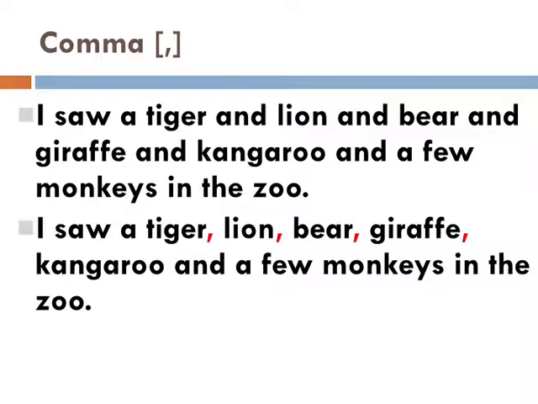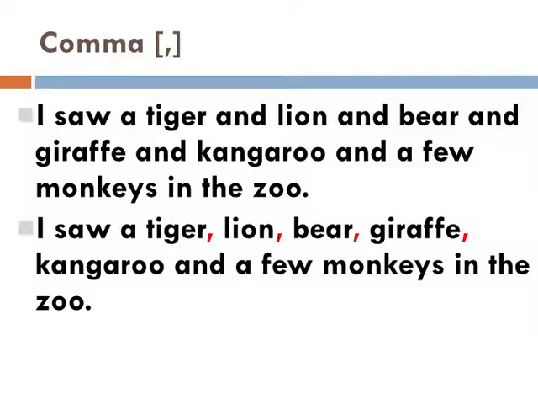Now see the second line. I saw a tiger, lion, bear, giraffe, kangaroo and a few monkeys in the zoo.